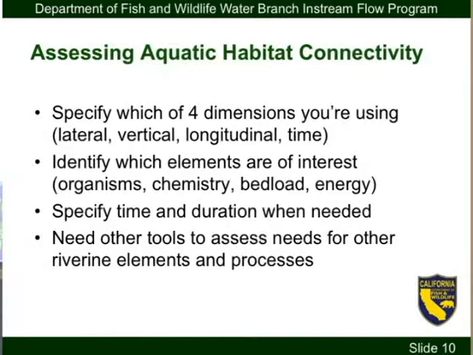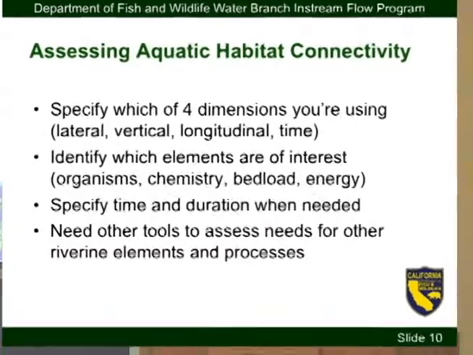Anytime you're assessing aquatic habitat connectivity, it's important to specify which of the four dimensions you're most interested in. There's lateral, side-to-side; vertical, sort of groundwater, surface water interaction; longitudinal, which is through the riffle, which is what we'll be looking at today; and then through time. And also you want to identify which elements you're interested in.